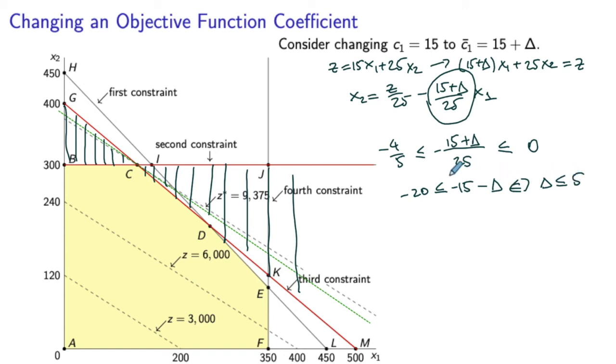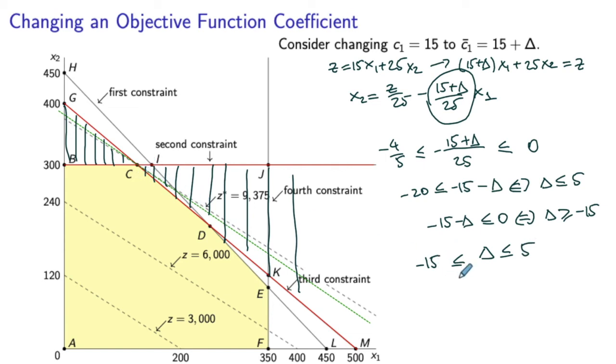Alright, so now looking at the right inequality, we have negative 15 minus delta is less than or equal to 0, which is equivalent to saying that delta is greater than or equal to negative 15. So we see that for delta between negative 15 and 5, the point C will remain optimal.